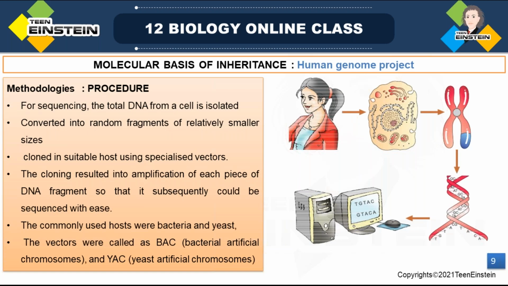Using specialized vectors, these DNA fragments are cloned in a suitable host. First DNA isolation, then the second step is making random fragments, then cloning of these DNA fragments with specific vectors in a suitable host.